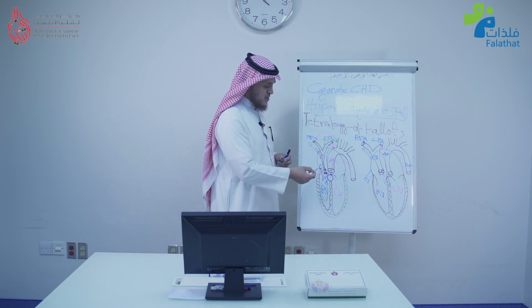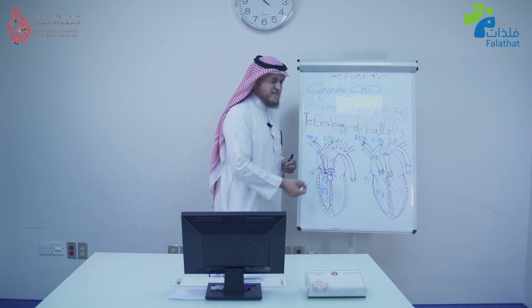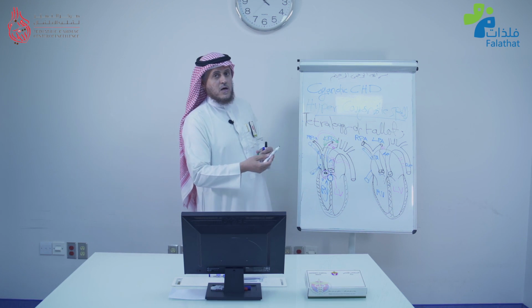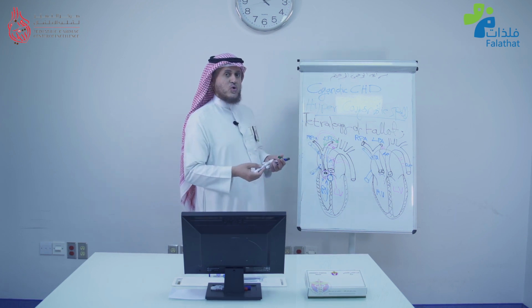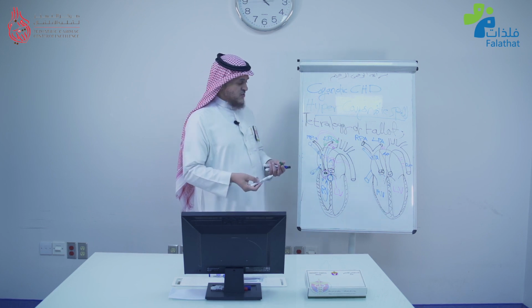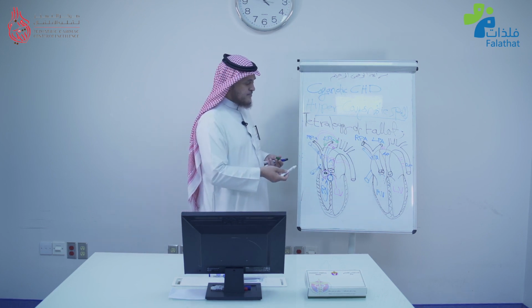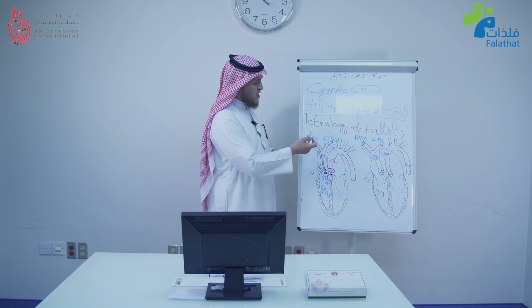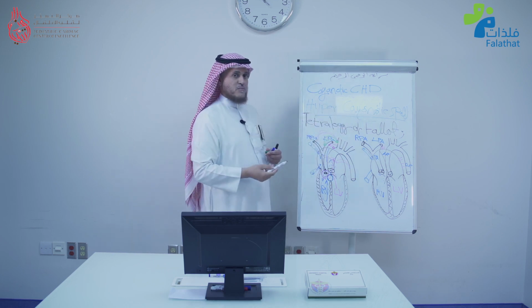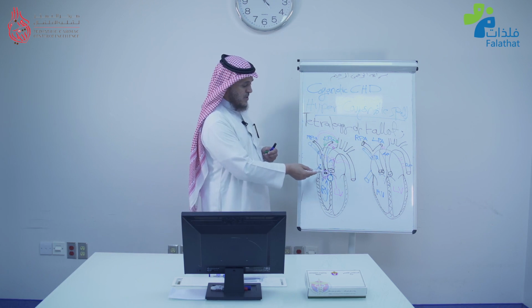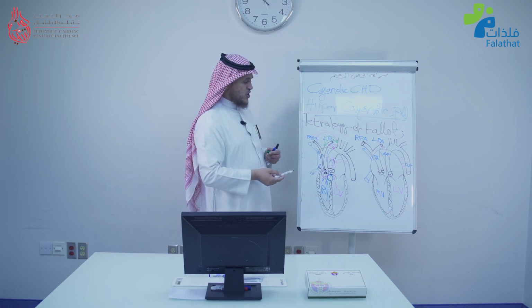There is significant right ventricular hypertrophy, which may affect ventricular function, mainly diastolic and compliance, and this is quite important for post-op surgical outcomes. And we have the unique part of Tetralogy of Fallot, which is hypercyanosis because of dynamic subpulmonary obstruction.